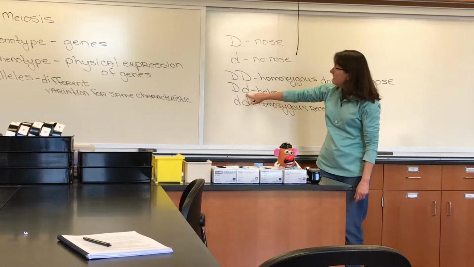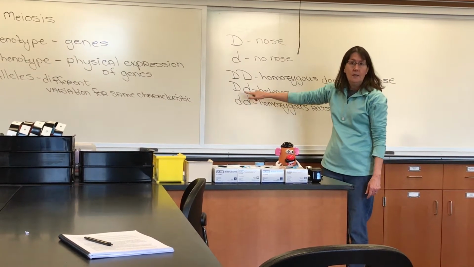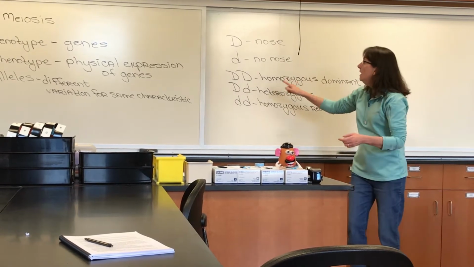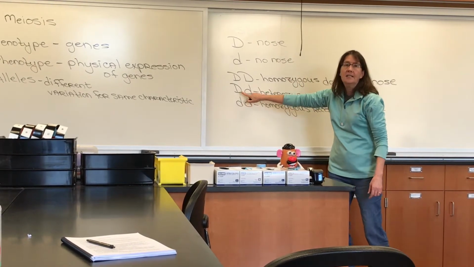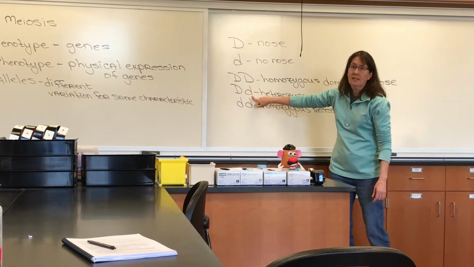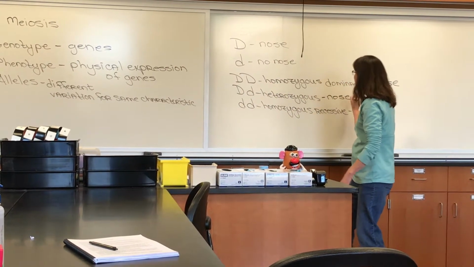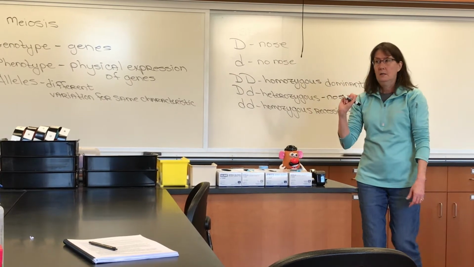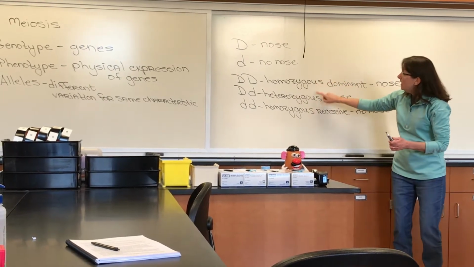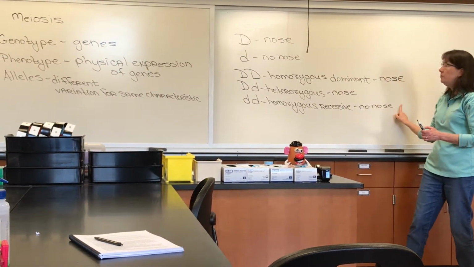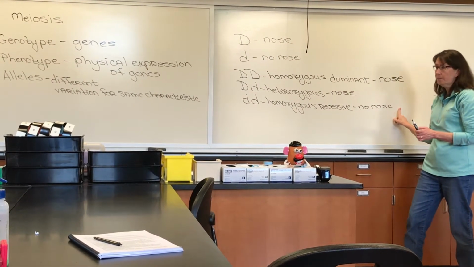In our heterozygous potato, because it has a dominant and a recessive allele, the dominant gets expressed over the recessive. And this potato would also have a nose. So we have 3 different genotypes, but we only have 2 different phenotypes.